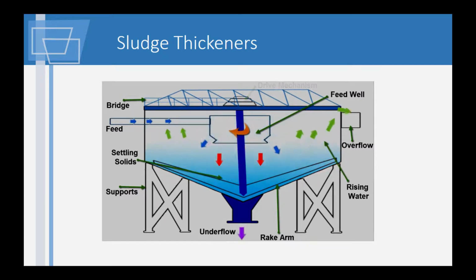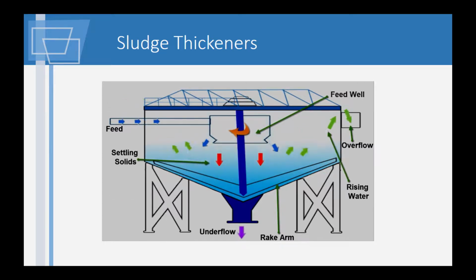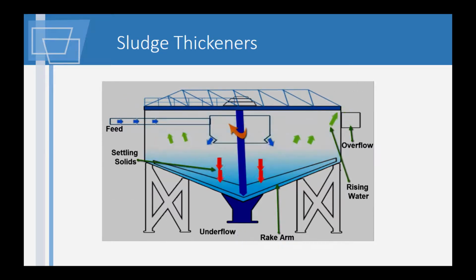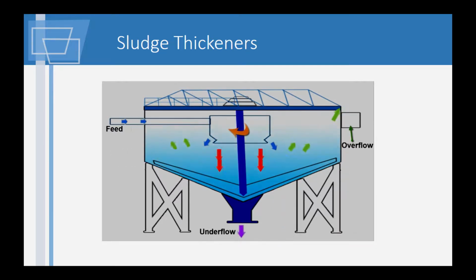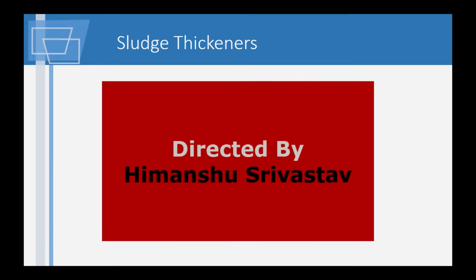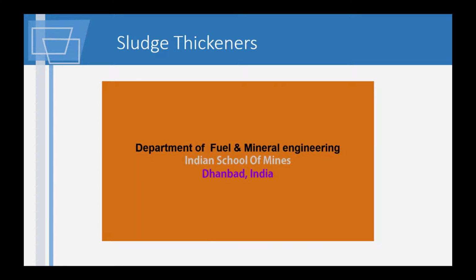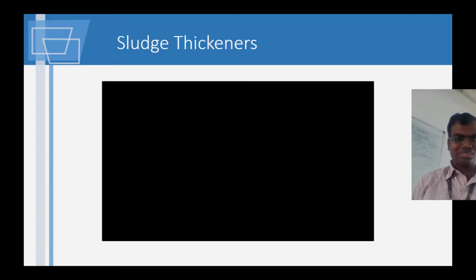The feed well is sized adequately to take care of the agent contracting in the feed slide. The deaerated and flocculated feed is then discharged through the gap formed between the feed well and the further plate at a reduced velocity into the main body of the thickener. This video is directed by Himanshu Srivastava, Department of Fuel and Mineral Engineering, Indian School of Mines, Dhanbad, India.